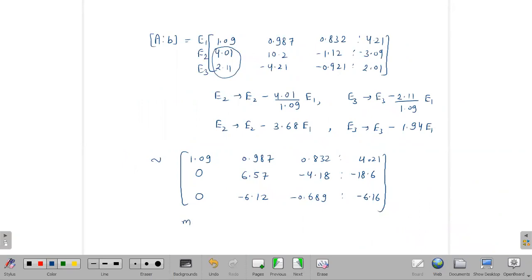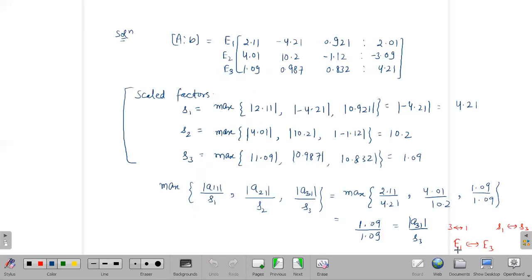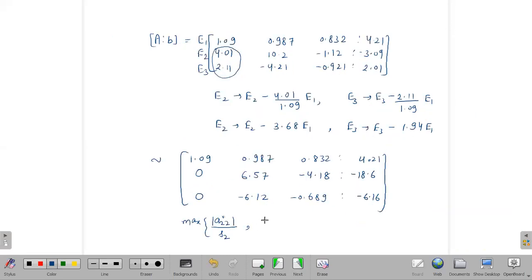Now you have to make this place the largest element. So take A22 star divided by S2, S2 is the same. And A32 star divided by S3.